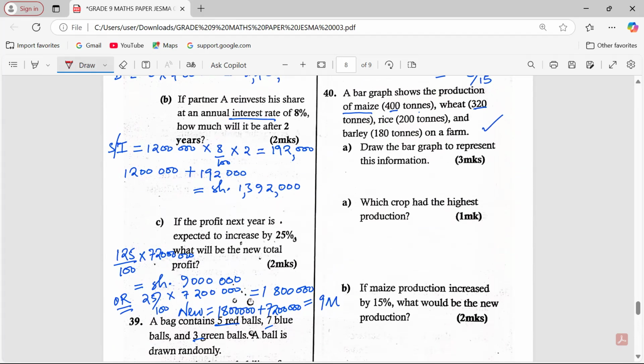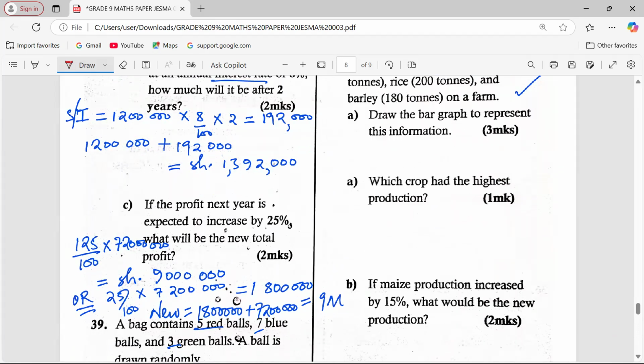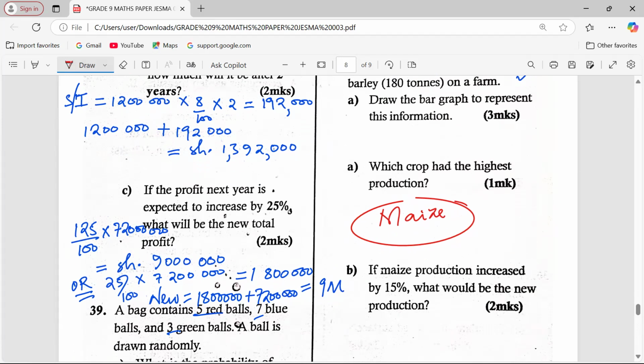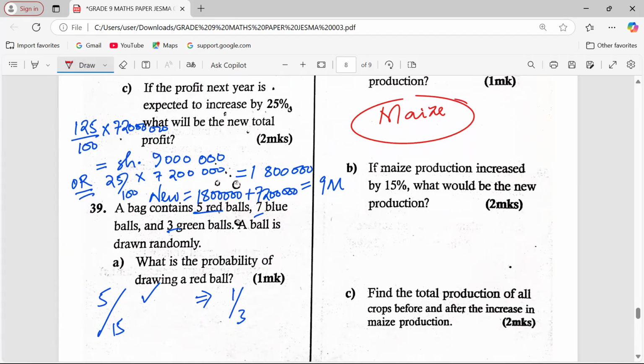And after that, we are asked to give which crop had the highest production. Automatically, maize. Looking at the bar graph, maize is having the longest bar to represent it. Then in part B, if maize production increased by 15%, what would be the new production?